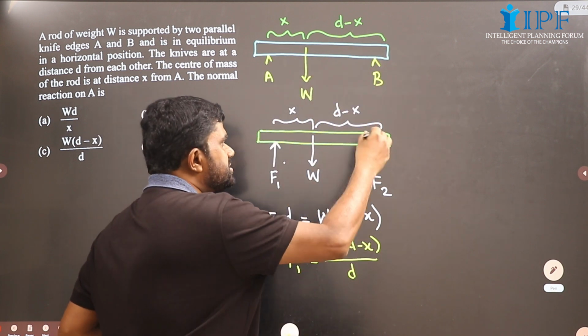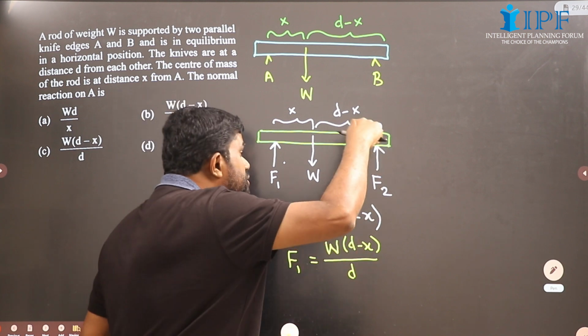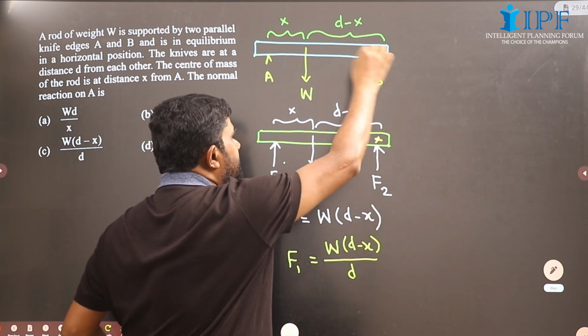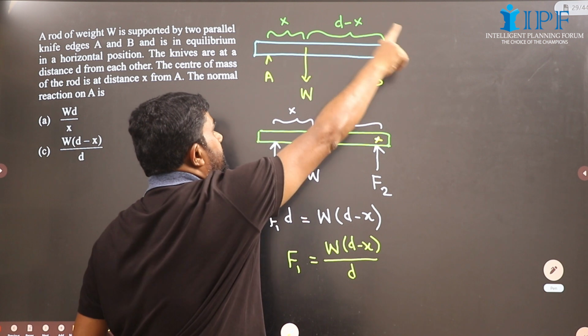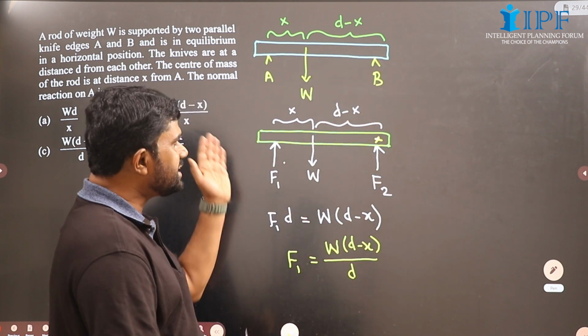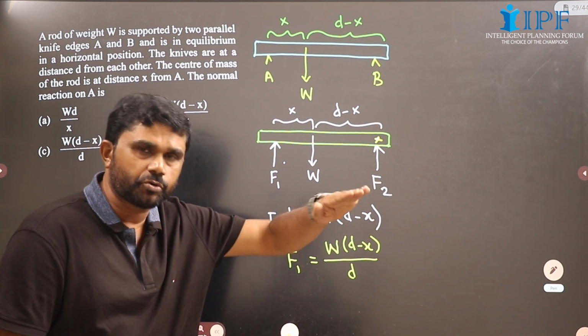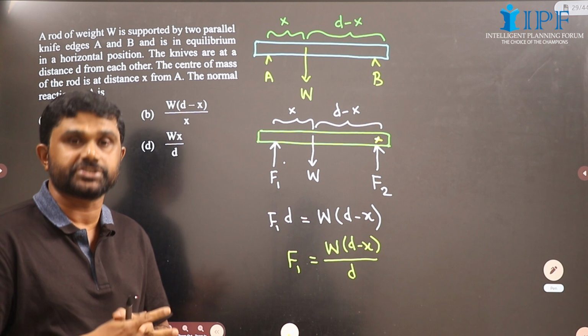If this rod is hinged at this point, or if we fix a screw at this point, and we apply a force like this, it will turn the rod like this, and this force will turn it in the opposite direction. As it is in equilibrium, it remains horizontal, so the turning effects in these two directions must balance each other.